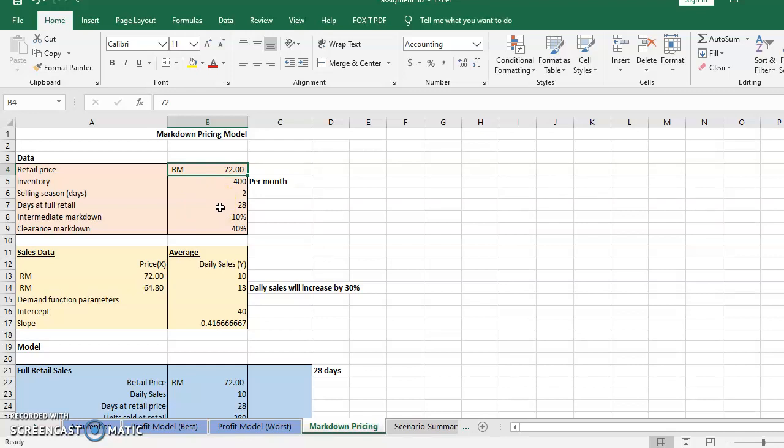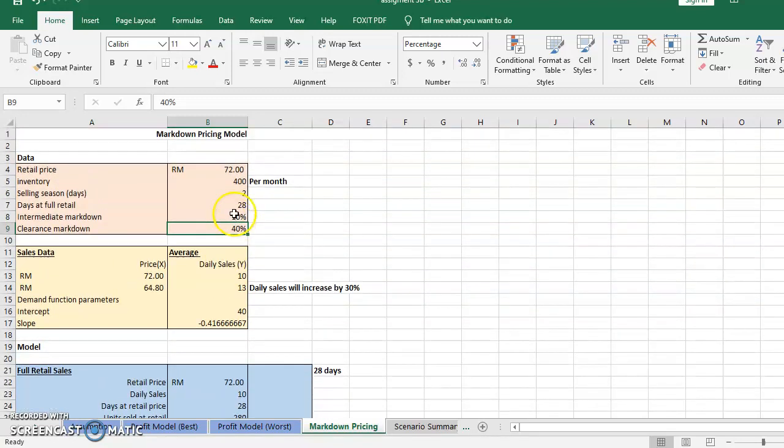Because of the 24/7 basis, my operation is 30 days in a month. In a month, I have 2 days of discount to clear all stock. As of now, I am charging an intermediate markdown of 10% and a clearance markdown of 40%.